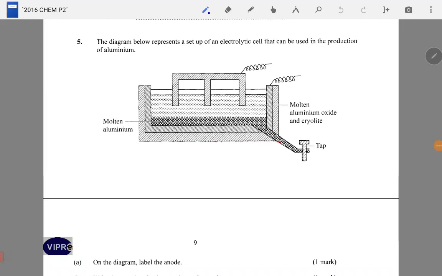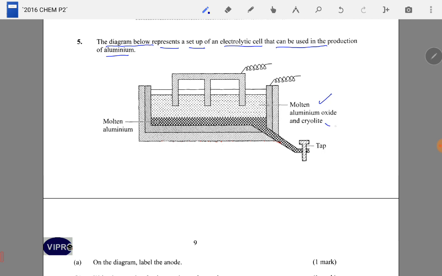Question 5. The diagram below represents a setup of an electrolytic cell that can be used in production of aluminium. So here we have molten oxide and cryolite.